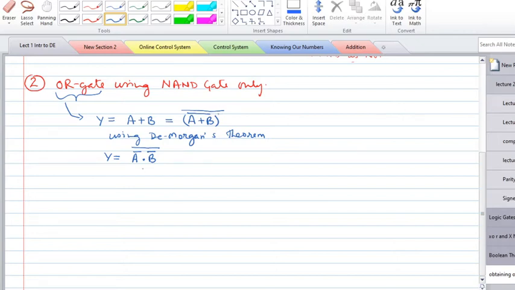So here we can write this as A dot A bar, B dot B bar with bar. Okay, so in this way the complete circuit is like this.